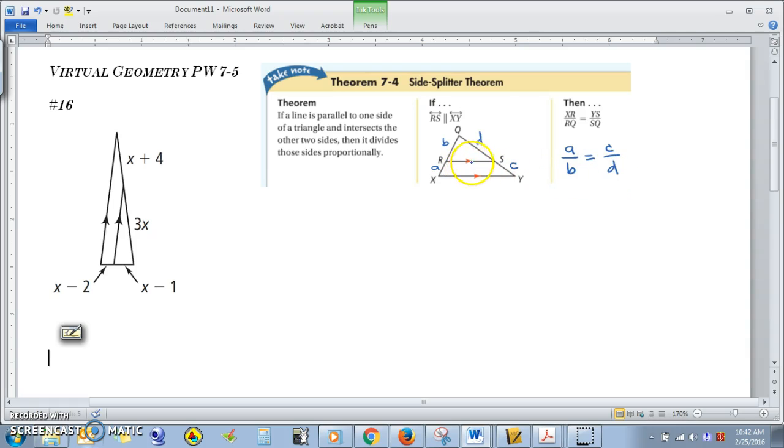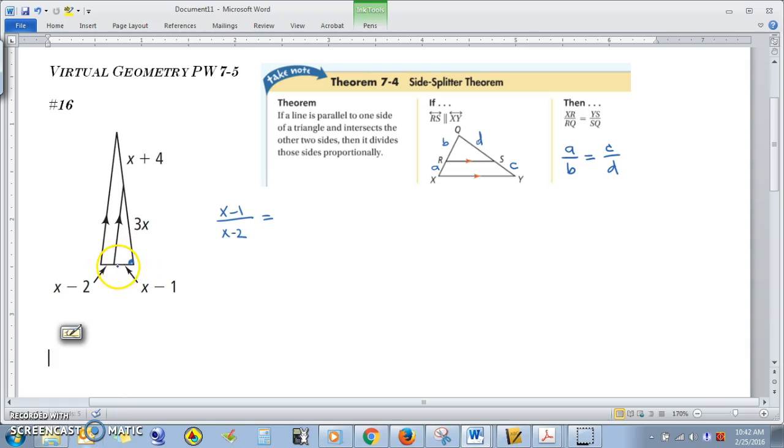So, if I use that on this triangle, this will be A over B, so I'll just do x minus 1 over x minus 2 is equal to, and I call this the top, but it's closest to this angle.